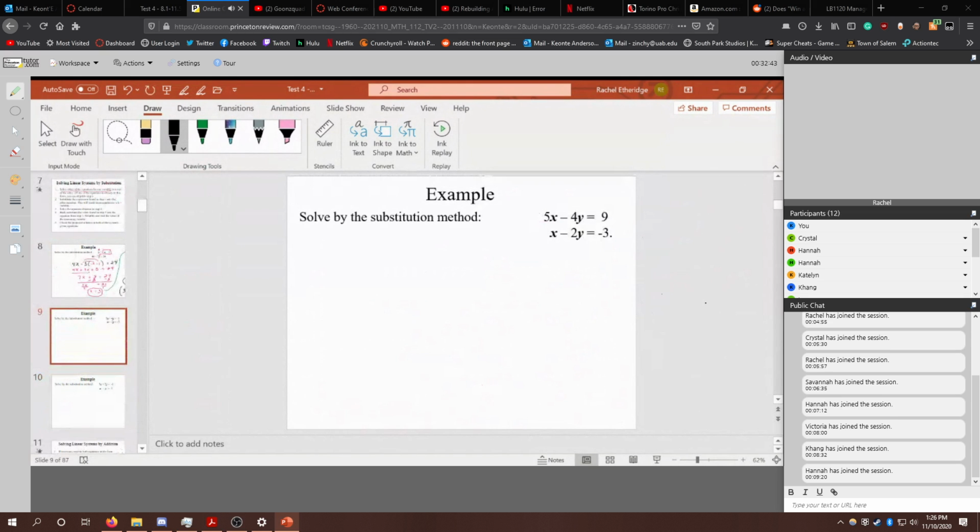Okay, now I want you to look at this one, and we're going to use substitution. So before we even start, which one of those equations should I solve and which variable should I solve for?